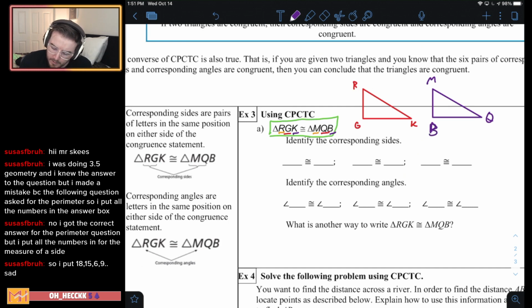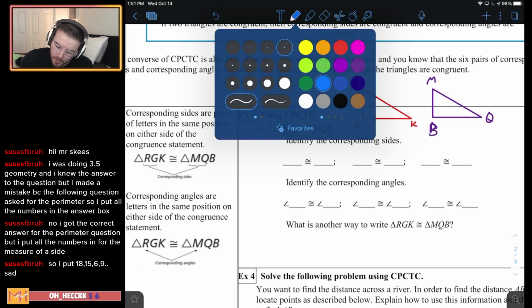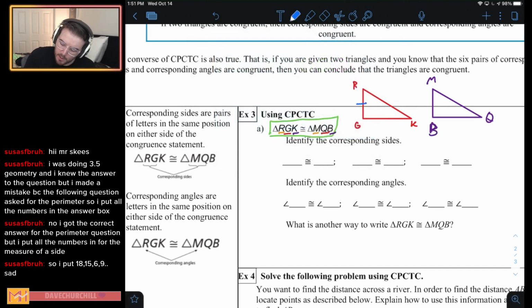Okay? So what do we know? We know that this side corresponds with this side. And I've used tick marks once or twice before. Tick marks mean that this piece is equal to this piece, or the proper word now that we're using, congruent. So we know this piece is congruent to this piece, and this side is congruent to this side, and this side is congruent to this side.